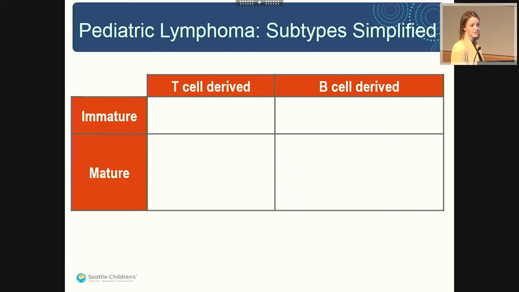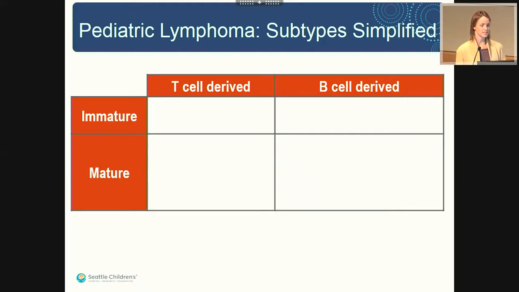We typically use the definition of having 25% blasts in the bone marrow, or 25% leukemia cells, to distinguish whether the cancer started in the bone marrow and then went out through your lymph system, or if it started in a lymph node and then spread to the bone marrow.